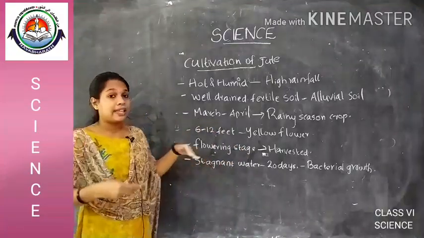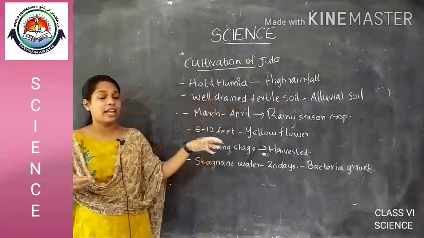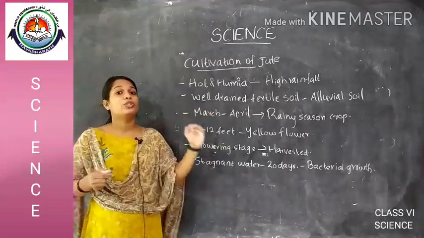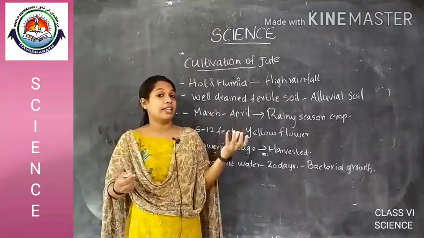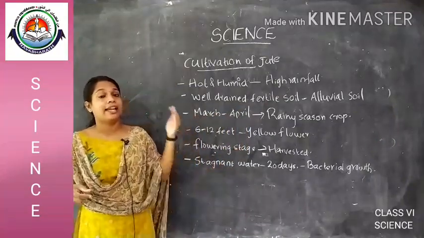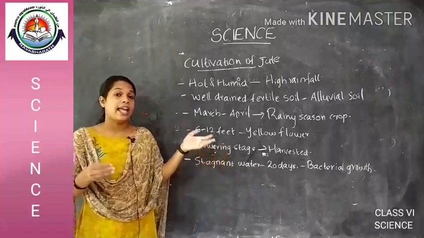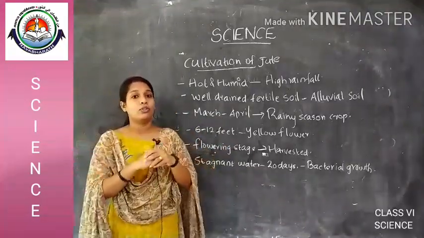Okay. So can I repeat the process once more? The seeds of jute are sown, and when it has grown to a height of 6 to 12 feet, yellow colored flowers appear, and during this flowering stage it is cut or harvested, made into bundles, and put into stagnant water for 20 days.